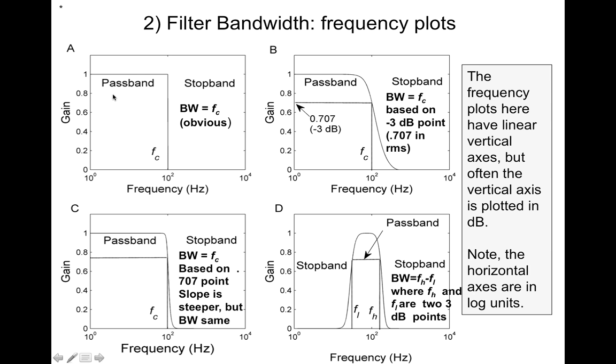So, for example, plot A, this is a low-pass filter. This is an ideal filter because you notice that it passes perfectly with an output over input equal to 1 until you get to 100 hertz. And then at 100 hertz, there's a vertical drop.